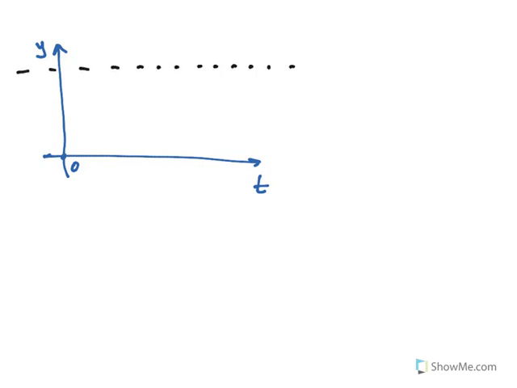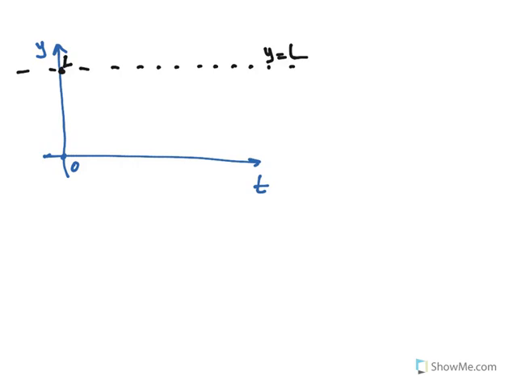Now, the logistic model looks like this. It's not going to be perfect, I apologize. So this is your boundary. Here's your carrying capacity value. So this line is y equals L. That's the equation that represents this boundary.